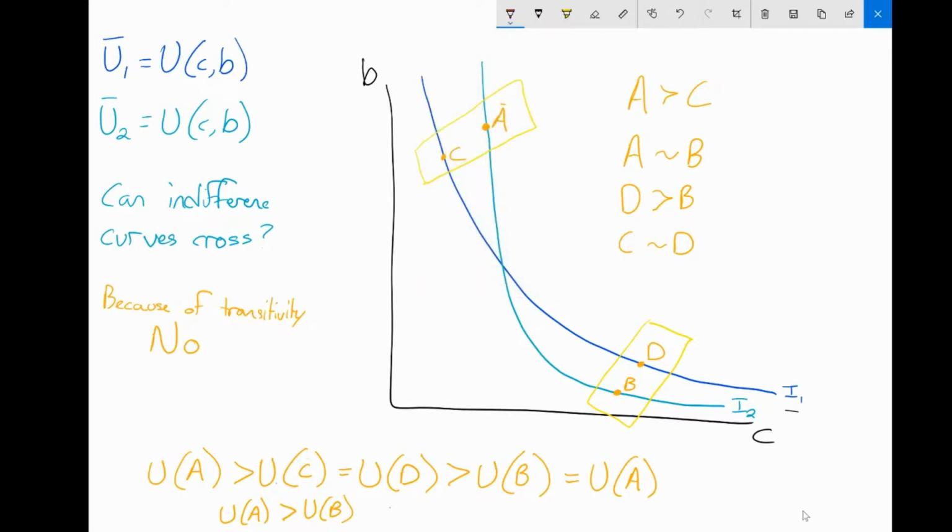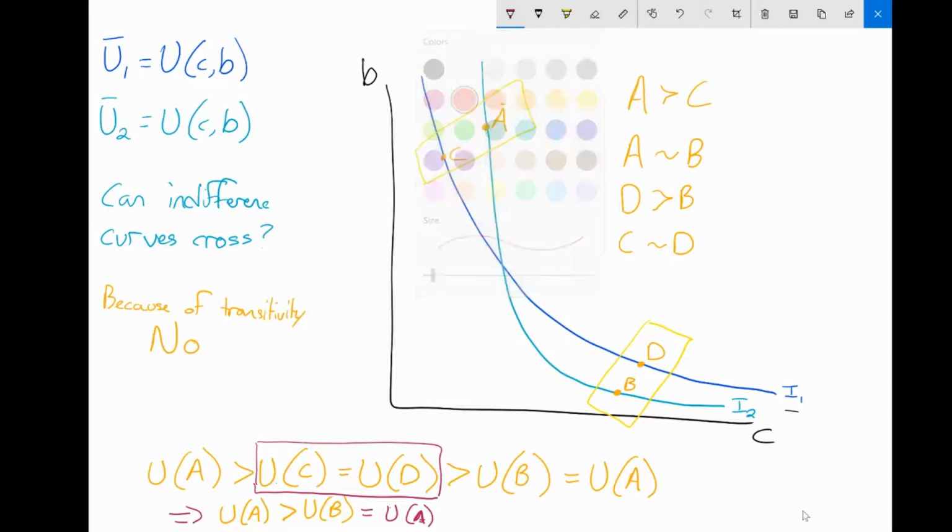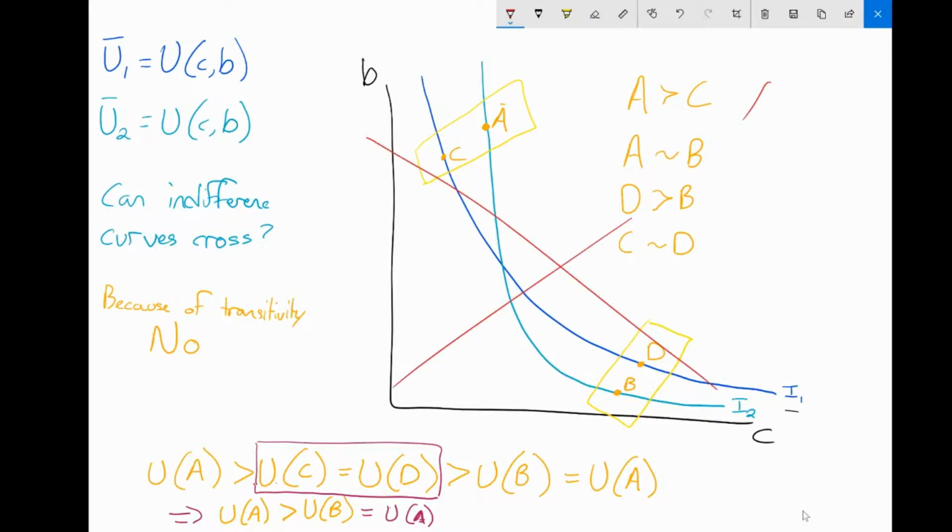You get more utility from A than C. C is the same as D, and D is bigger than B. If we just chopped that out, we would get A is greater than B. But we know that you get the same amount of utility from B and from A, and therefore this would violate transitivity. All right, so they cannot cross. This does not work. This is not consistent with rational choice theory utility functions.